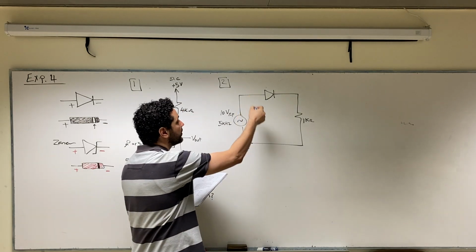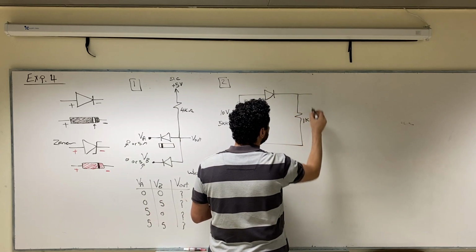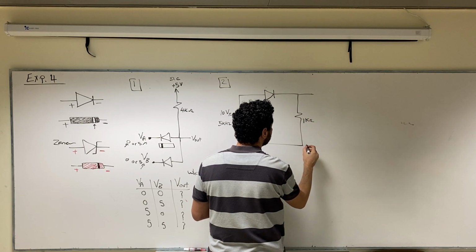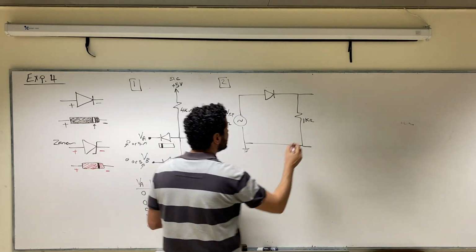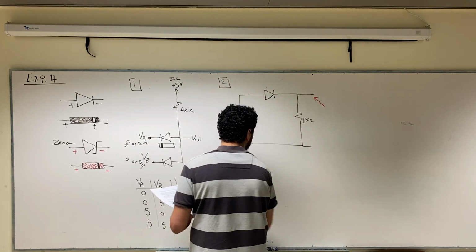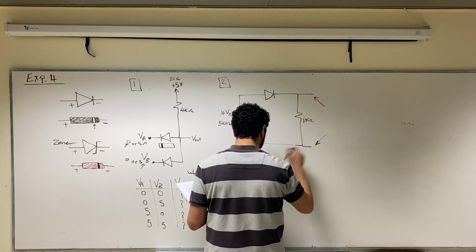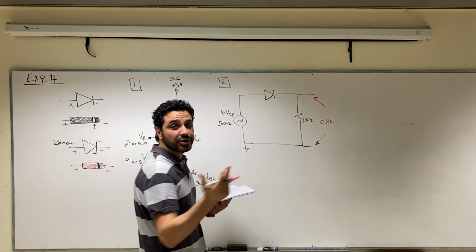And then for this circuit, we are going to measure V output between this point and the ground. So basically, we are going to connect channel 2 of the oscilloscope between this terminal and this terminal. So channel 2 will be connected here. What about channel 1?